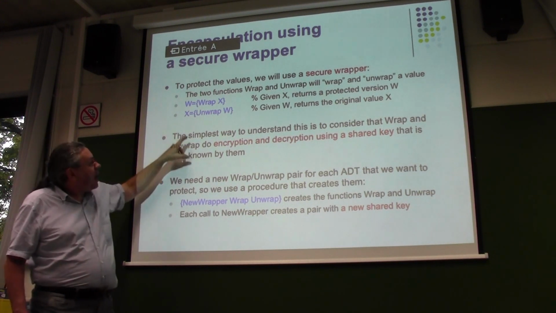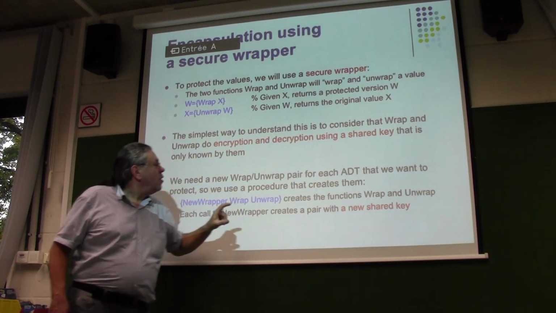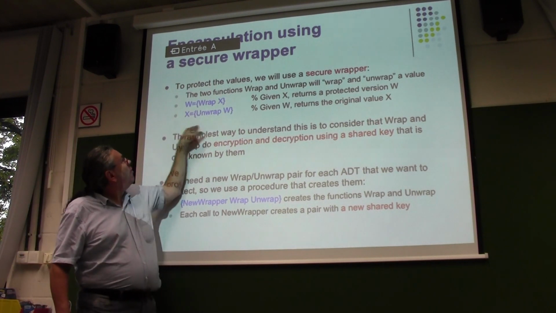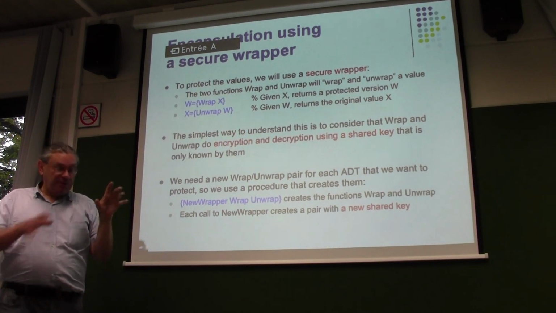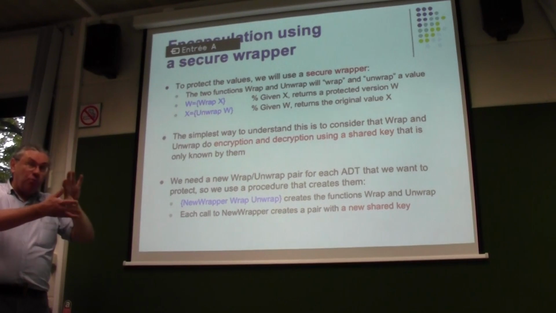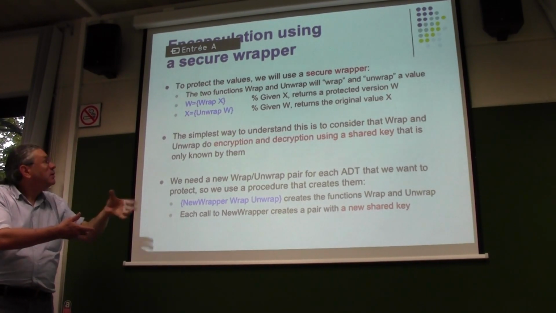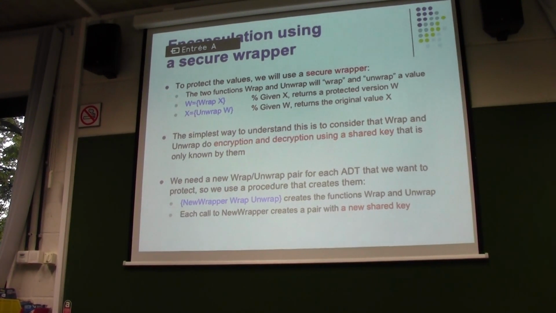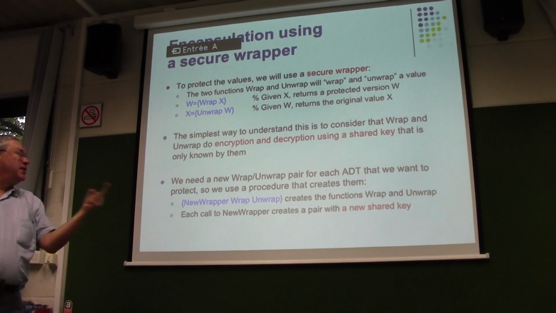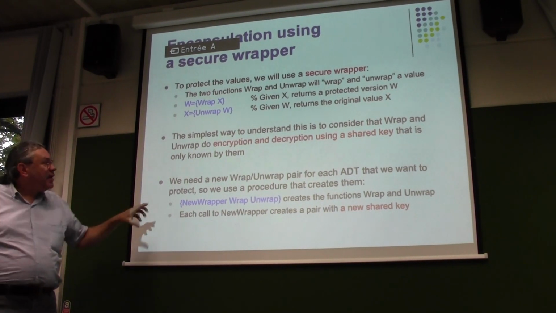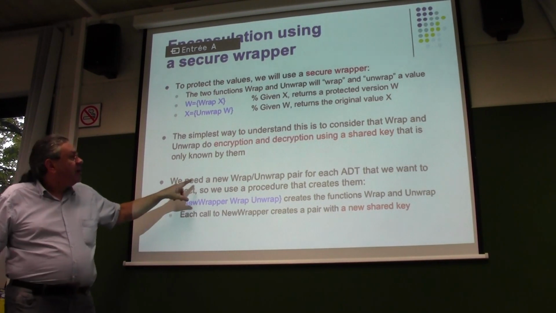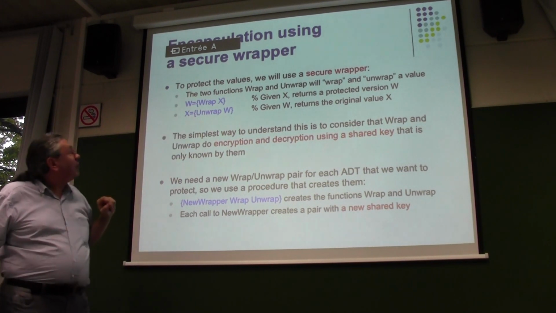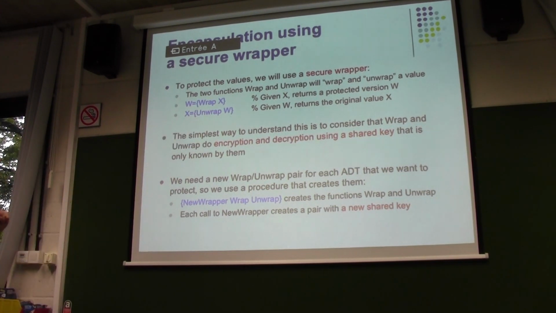So for each abstract data type, we need a new pair of functions. If we define one abstract data type with wrap, unwrap, then if we define another one, it has to have a different wrap, unwrap. Otherwise, there's leaking between the two. So each abstract data type needs a new wrap, unwrap pair.